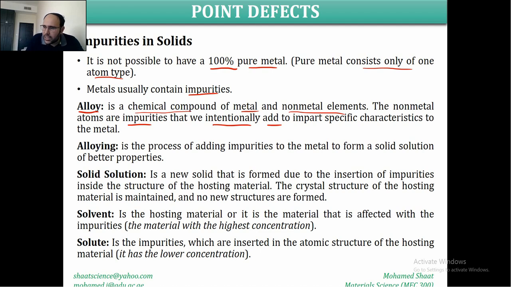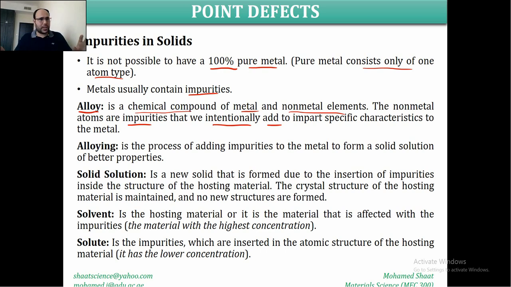Inserting these impurities adds value to this material, like you add salt to your food. Without the salt, you can eat it, yes, but it is not as delicious as if you added some salt. So these impurities give value to this metallic material.